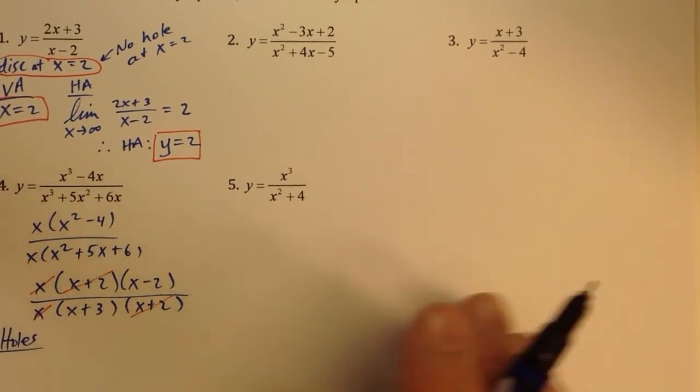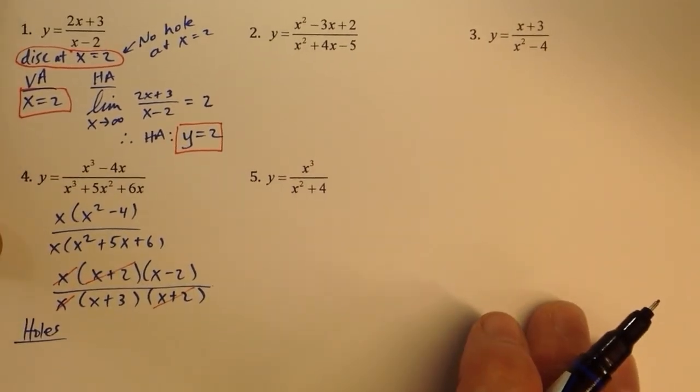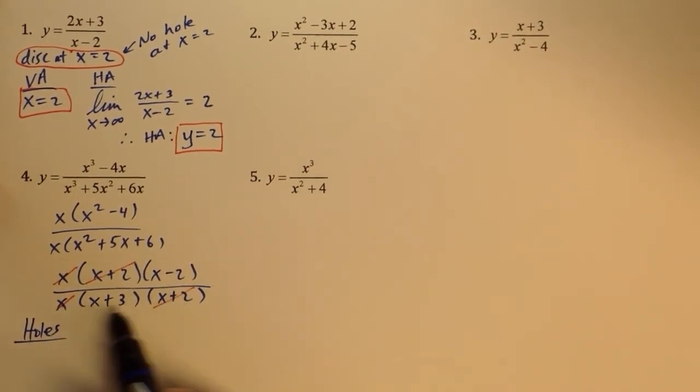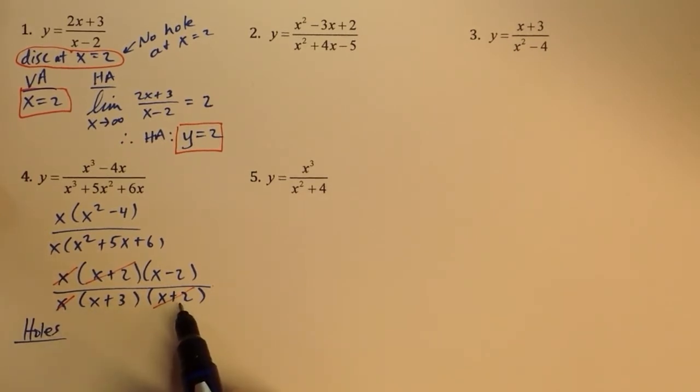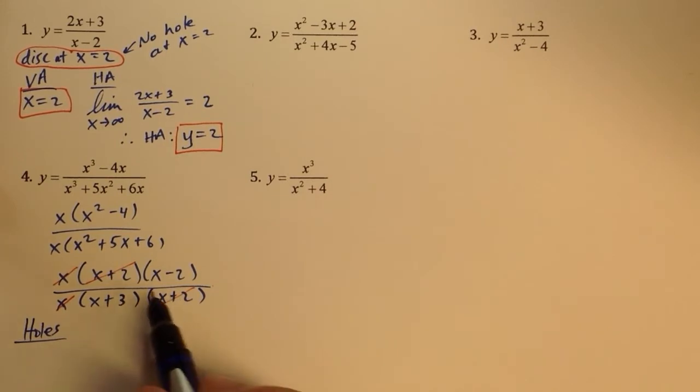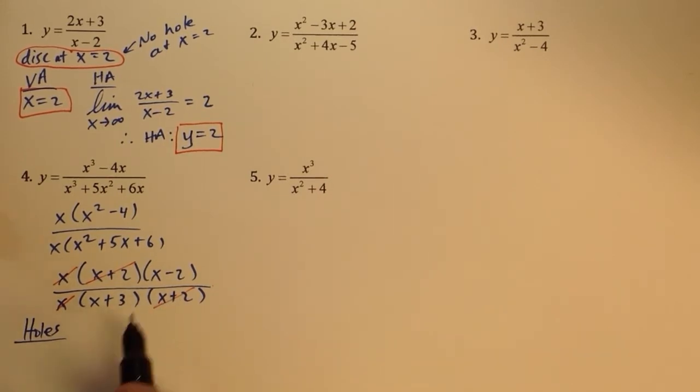We should probably talk about the discontinuities first, but we have a discontinuity at 0, -3, and -2. Whatever x value, whatever real number makes the denominator 0 is a discontinuity, and those discontinuities are the only ones that could potentially be the vertical asymptotes. So once we cancel them, though, we see that they only are holes. So we have x equals 0 and x equals -2.